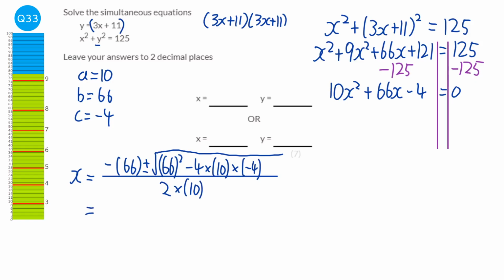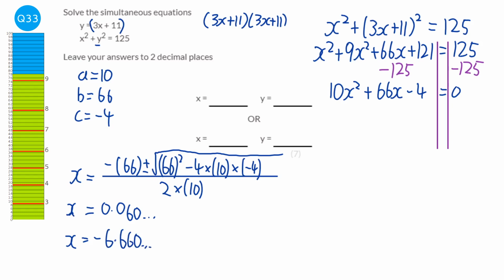When you put that as a plus into the calculator, we get x equals 0.060 blah blah blah, and when you put a minus there, we get the answer of minus 6.660 blah blah blah.